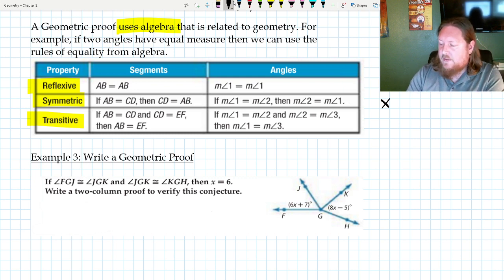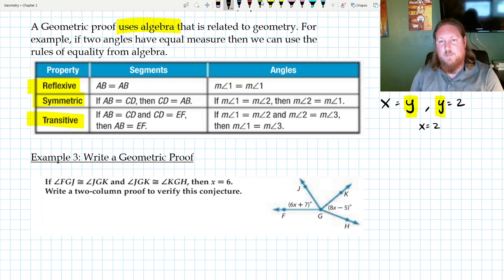If you say x is equal to y, and then you know that y is equal to 2, just like we were talking about before with conditional statements, since we have y on the right and y on the left here, we can bypass it and just get straight to x equals 2. That's the way that the transitive property works for segments and for angles.